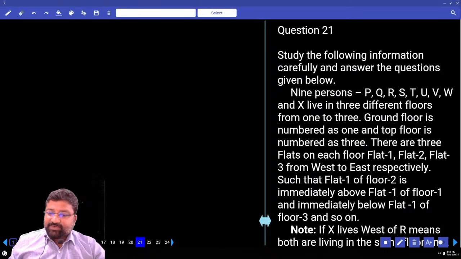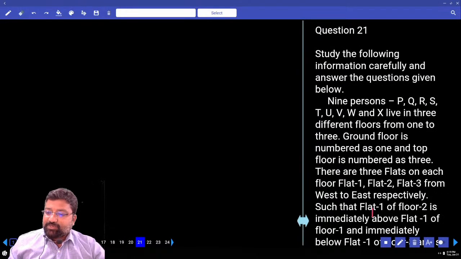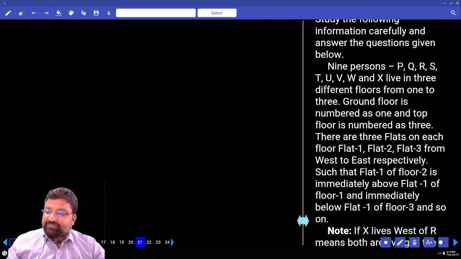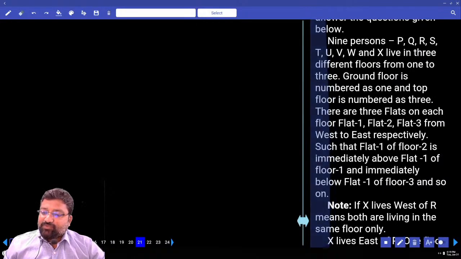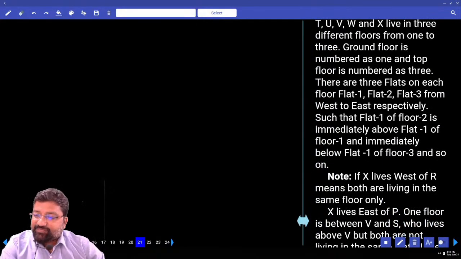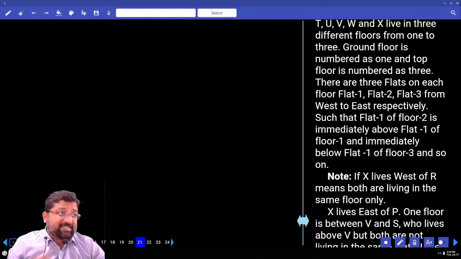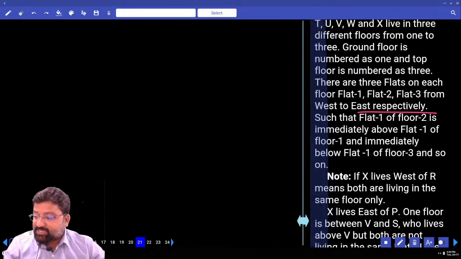Done? 21. Eight persons P, Q, R, S, T, U, V, W live on 3 different floors numbered 1 to 3. Ground floor is numbered 1 and the top floor is numbered 3. There are 3 flats on each floor, 1, 2 and 3 from west to east respectively. Underline the word respectively.